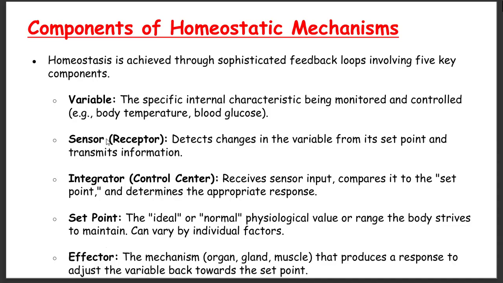But if they ask you to mention all five components of a homeostatic mechanism, you're going to mention the variable itself, the receptor, the control center, the set point, and the terminal organ, which is going to take the actual action in order to take that fluctuating physiologic parameter back to its acceptable or ideal range.